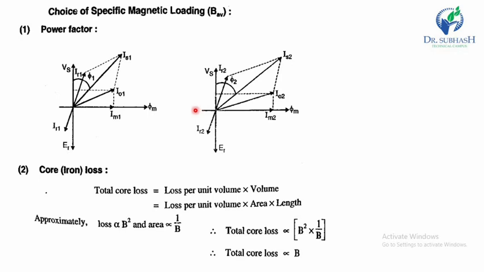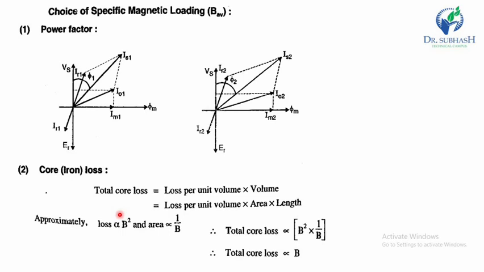So the total core loss is equal to loss per unit volume into the volume, which is equal to loss per unit volume into area into length, because volume is equal to area into length. Now, loss is proportional to B square.